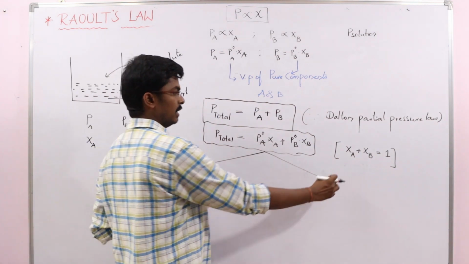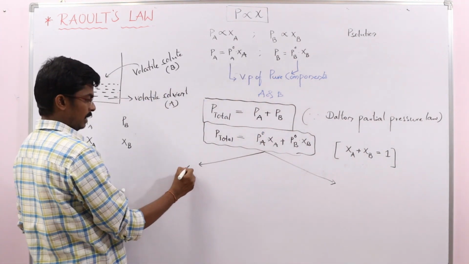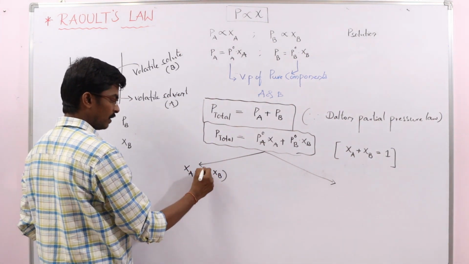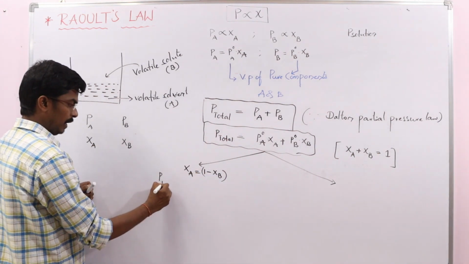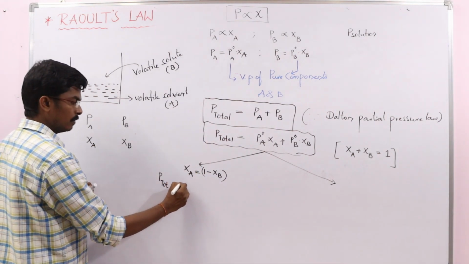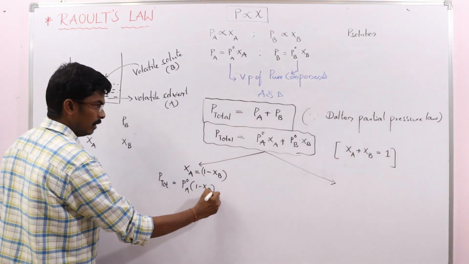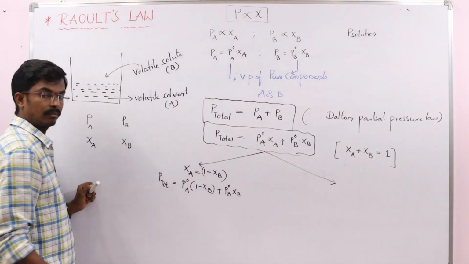That's why XA plus XB is equal to 1. So XA is equal to 1 minus XB. What happens here? P total is equal to P naught A times 1 minus XB, plus P naught B XB.